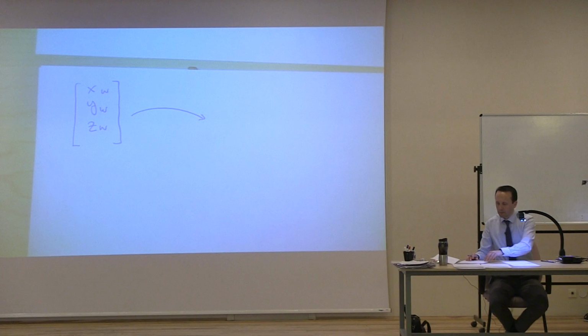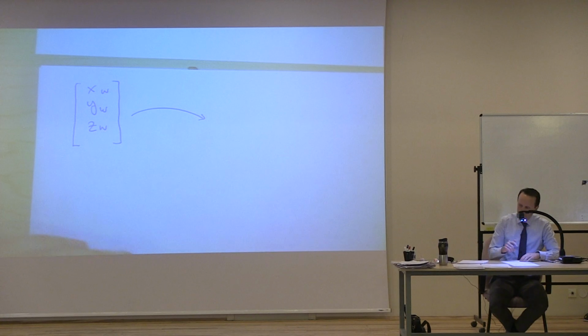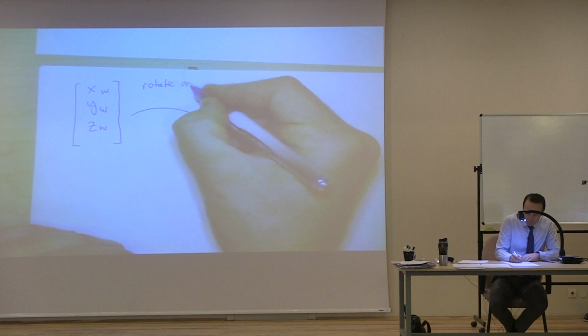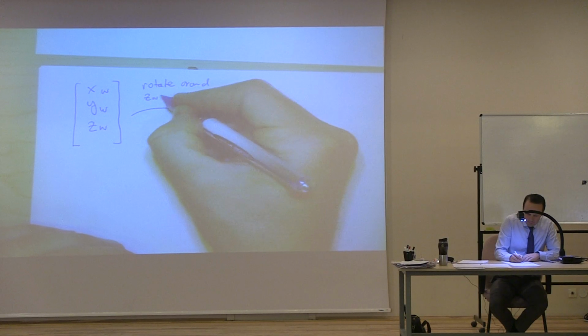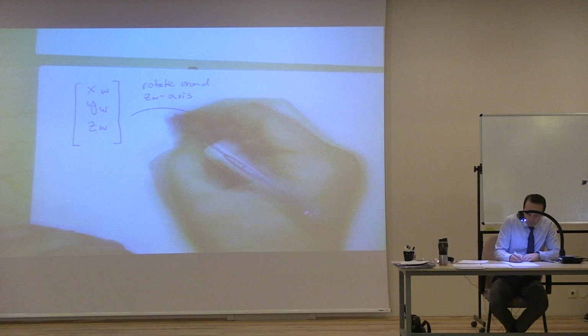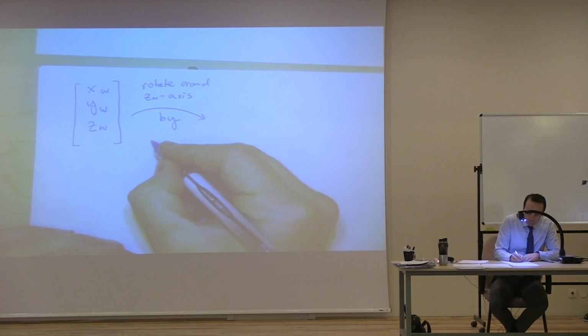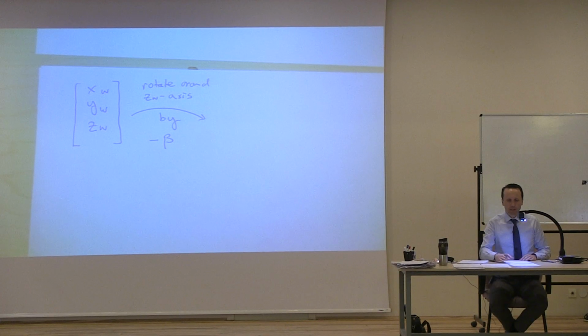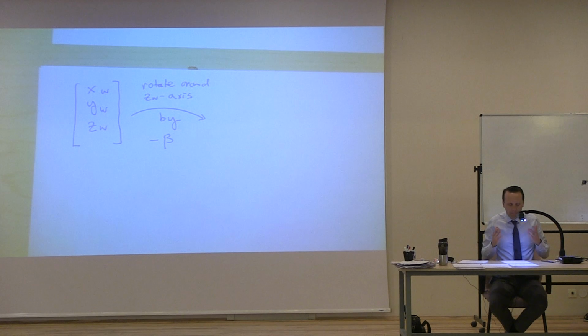First rotate around the ZW axis by an angle of minus beta. I will tell you why there is a minus. It's just a convention. We can say beta, but we call it a minus beta. I will tell you later why.